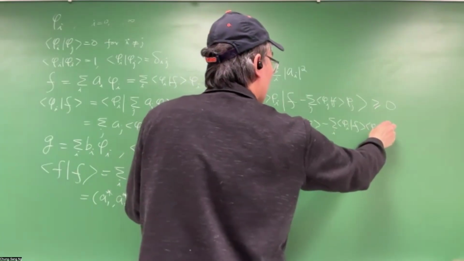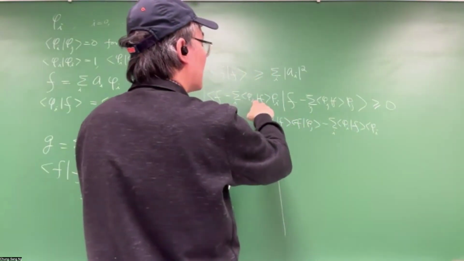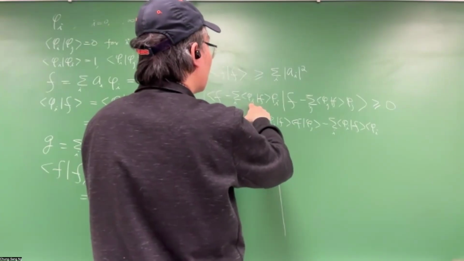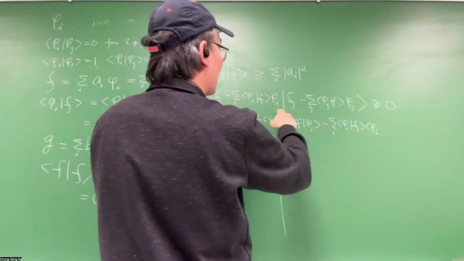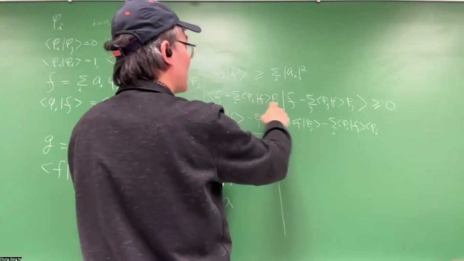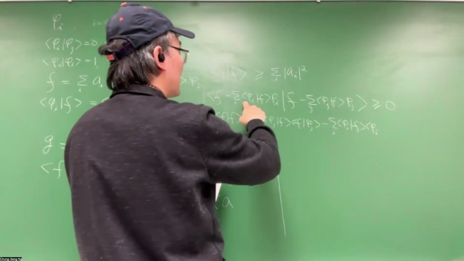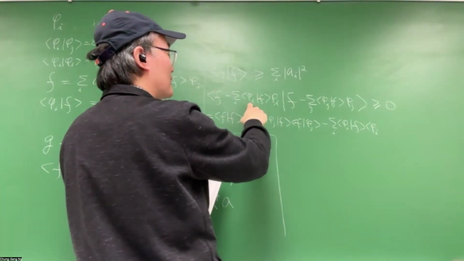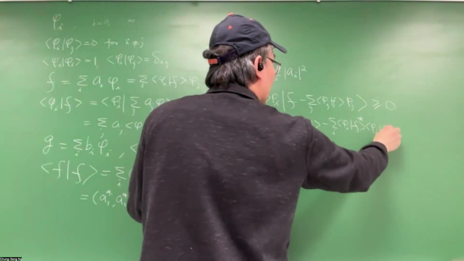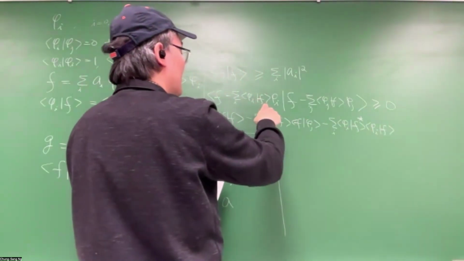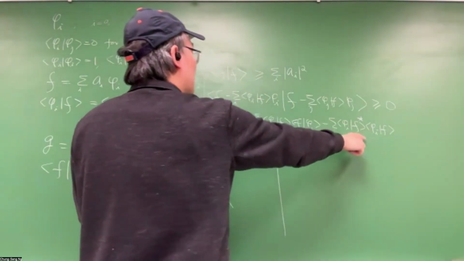When you do the expansion, when this is the coefficient on the left, you need to take the complex conjugate. And this and that is this.